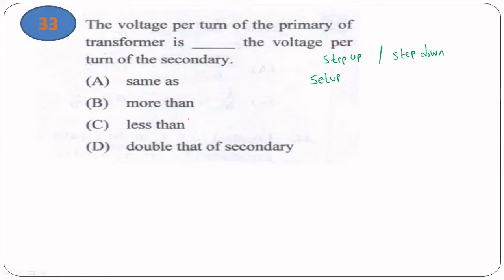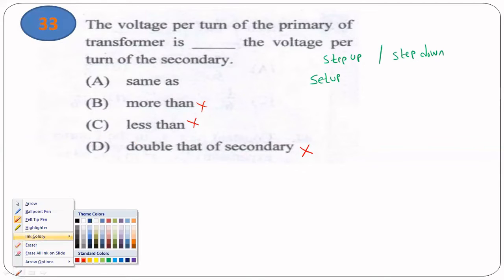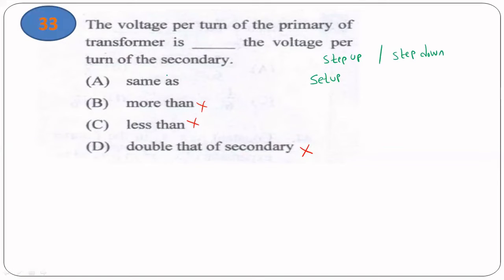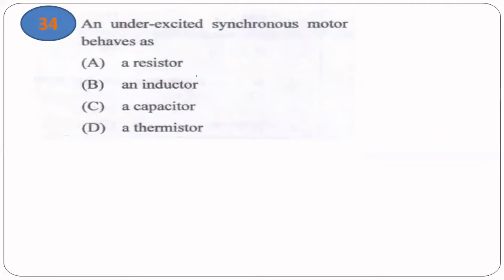So these other options are not valid, such as double that of the secondary. In order to validate such a statement, not much information is available in the question. In that sense, the only option available is option A. We can write that the voltage per turn of the primary of the transformer is the same as the voltage per turn of the secondary.